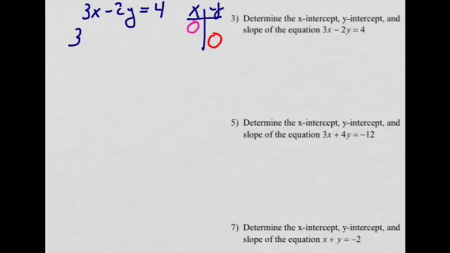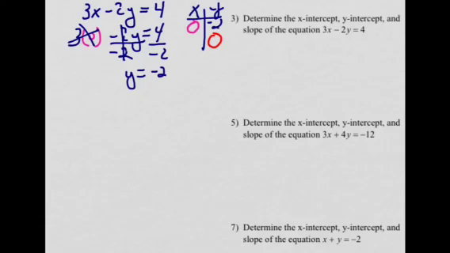So we're going to have 3 times 0 minus 2y equals 4. Well, 3 times 0 is 0, so that cancels. So we're going to divide by negative 2, because that's what's left, and y is equal to negative 2. Then to find the x-intercept, we let y equal 0 and find x.